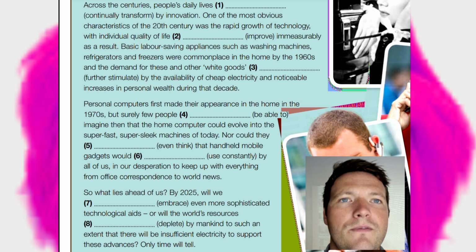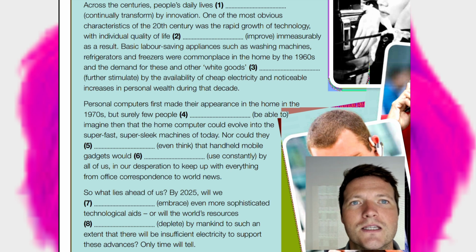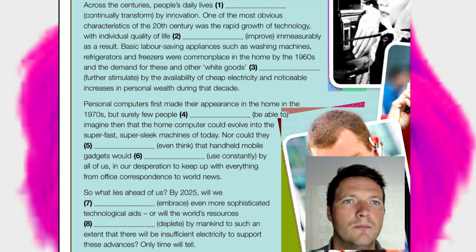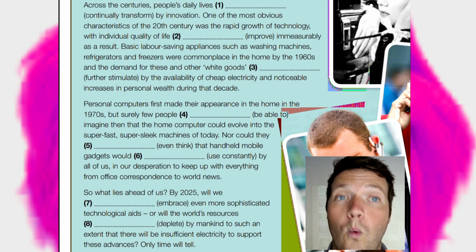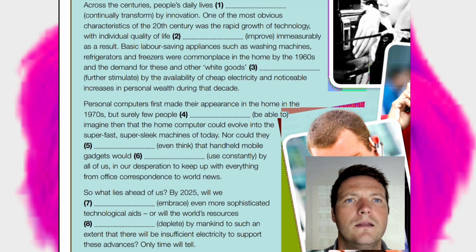Basic labour-saving appliances such as washing machines, refrigerators and freezers were commonplace in the home by the 1960s, and the demand for these and other white goods further stimulate by the availability.